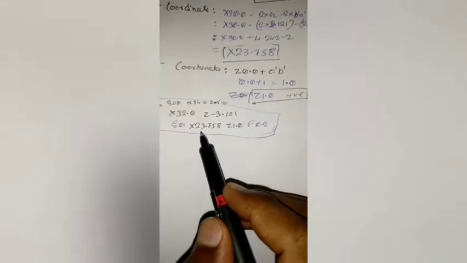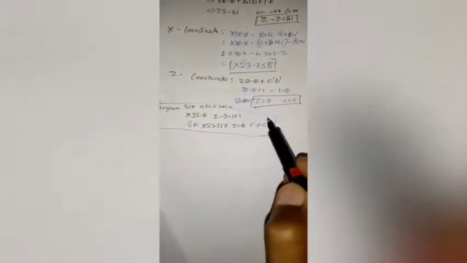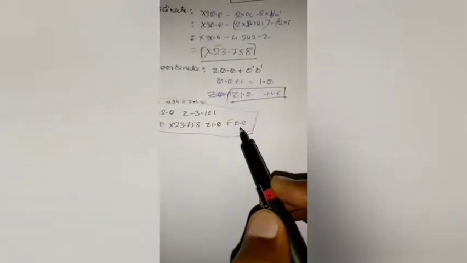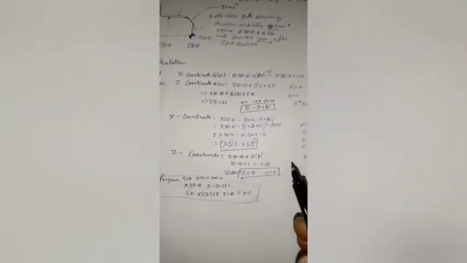G01, we know the values of the coordinates, X 23.758 and Z 1.0, with a feed rate of F0.2. F0.2 is the feed rate. This completes the coordinates when the chamfer angle is 45 degree.